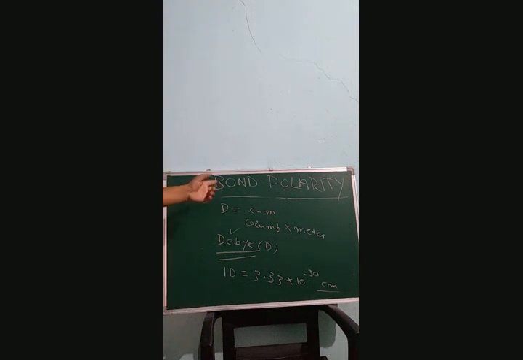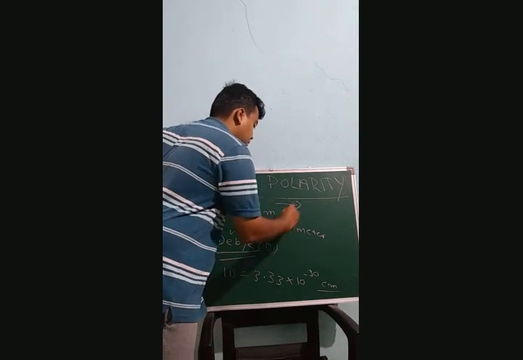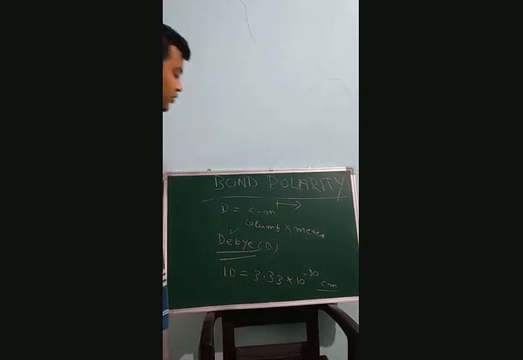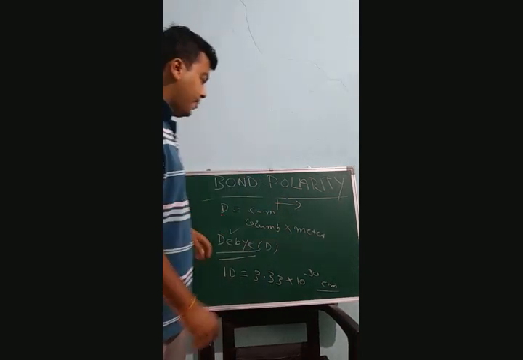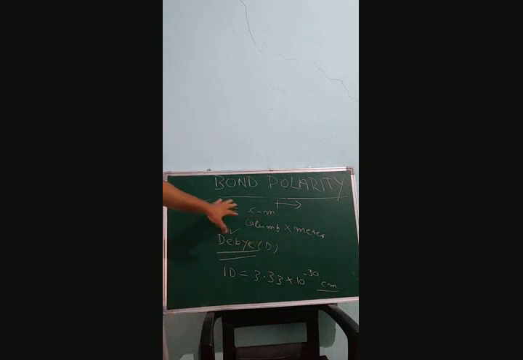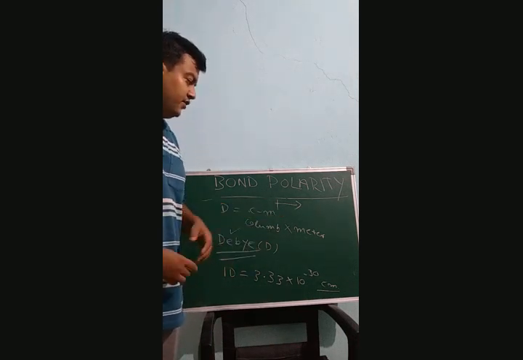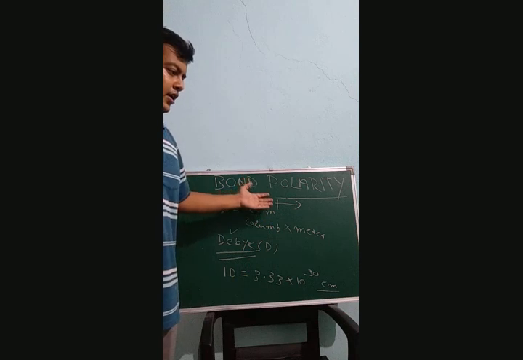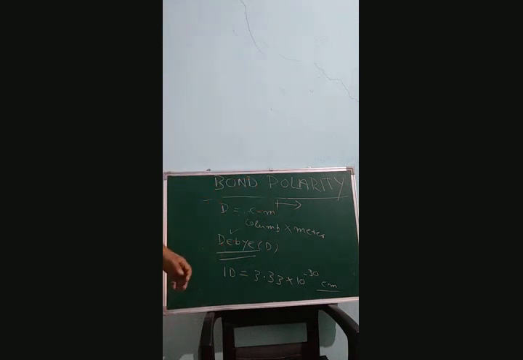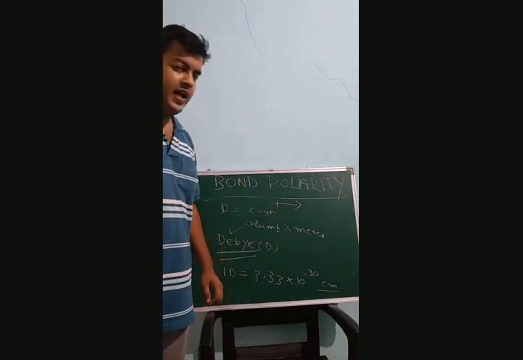Also, the bond polarity or dipole moment has a direction. So this is also a vector quantity. You must have learned about vector quantity in mathematics or physics classes. But if you haven't, a vector quantity is a physical quantity which has a magnitude and direction.